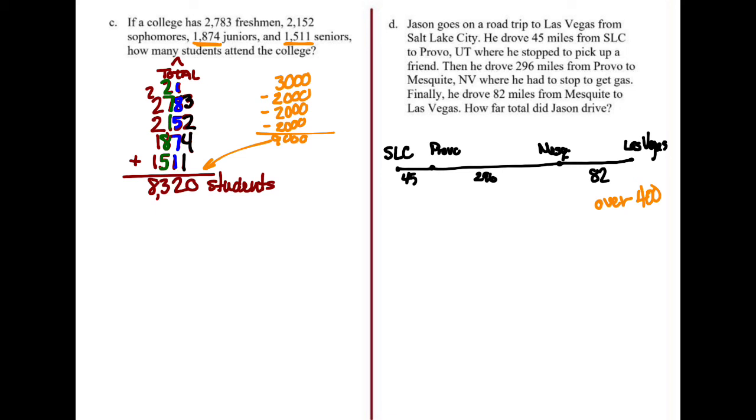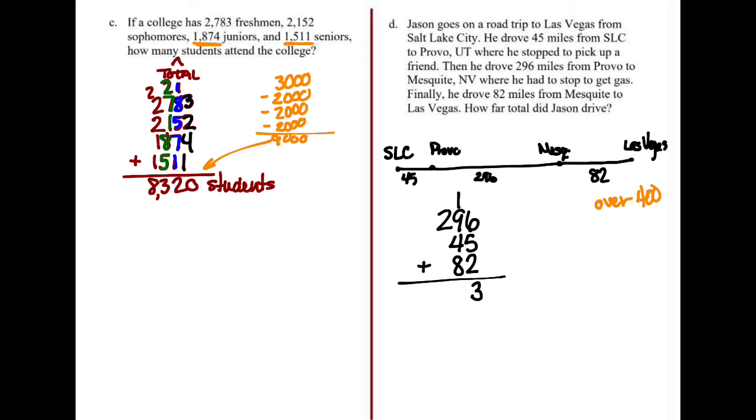Okay, so we're going to just line them up. I'm going to put the 296 on the top because it's the longest number, whether it's the biggest or not. And remember, with add, you can add them in any order and you'll get the same answer. Okay, so probably just adding straight down on this one. So we're going to do 6 plus 5 is 11, plus 2 is 13.